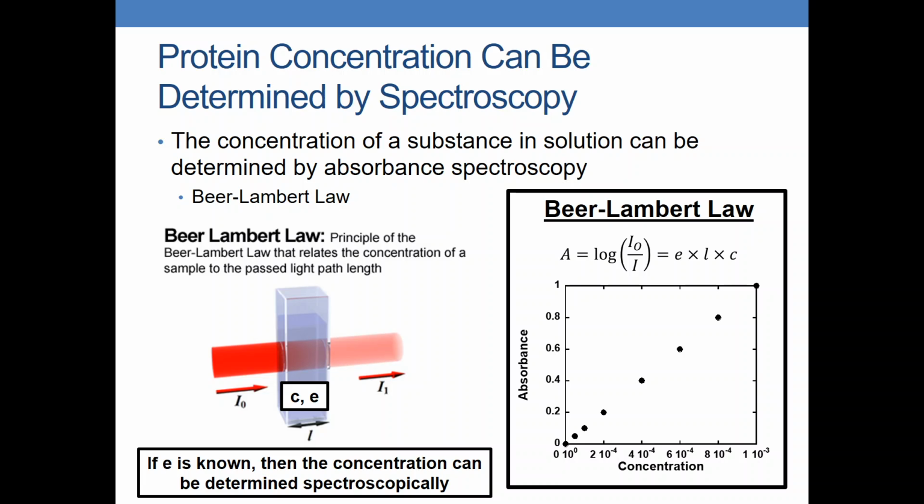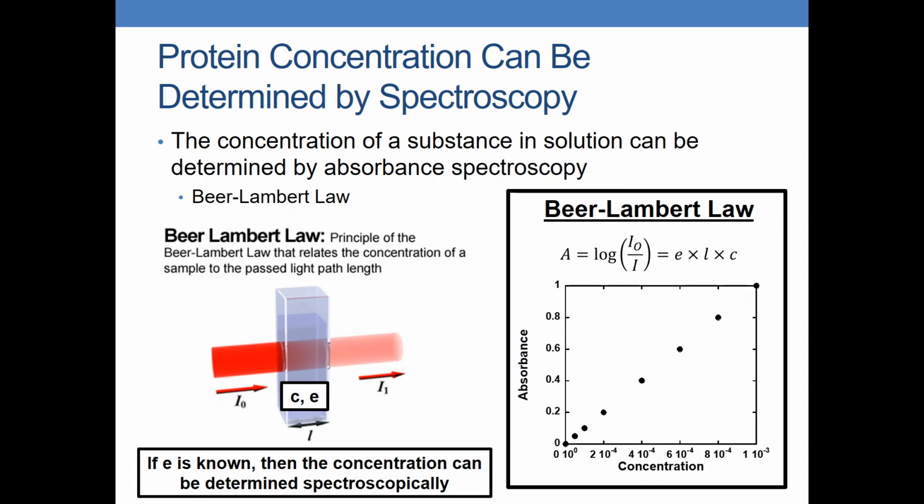When we talked about the amino acids, I told you that tryptophan absorbs light really well at 280 nanometers. It has a high extinction coefficient at 280 nanometers. This also means that the probability of absorbing a photon of light at 280 nanometers by tryptophan is quite high.